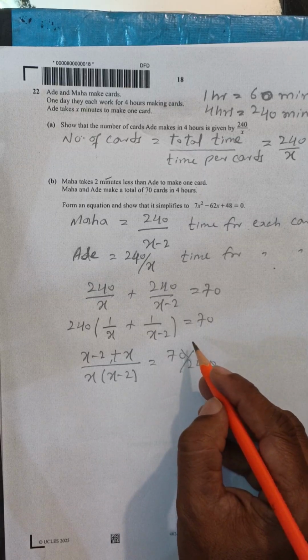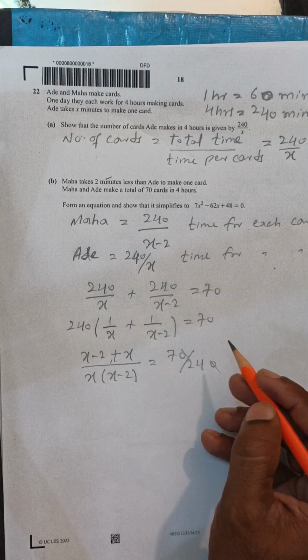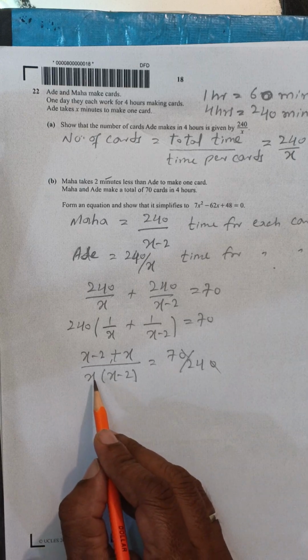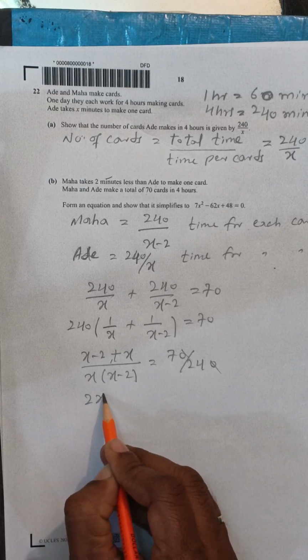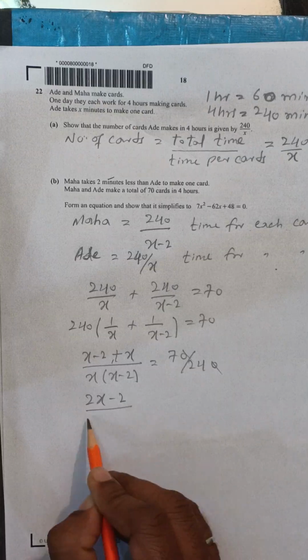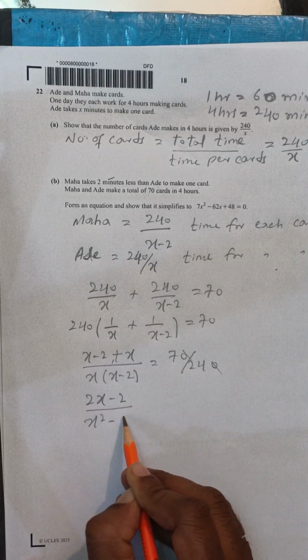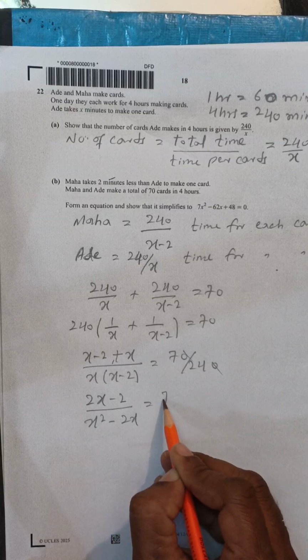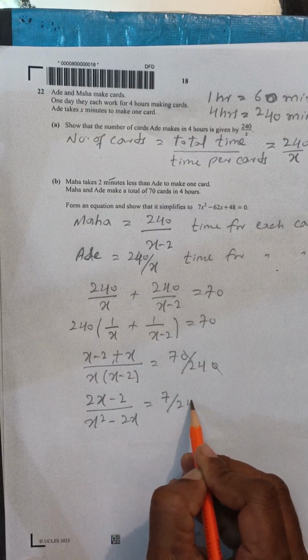And so we can solve it. Now 2x minus 2 over x squared minus 2x equals 7 over 24.